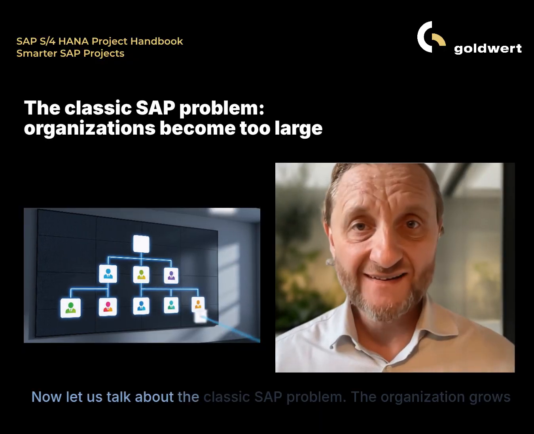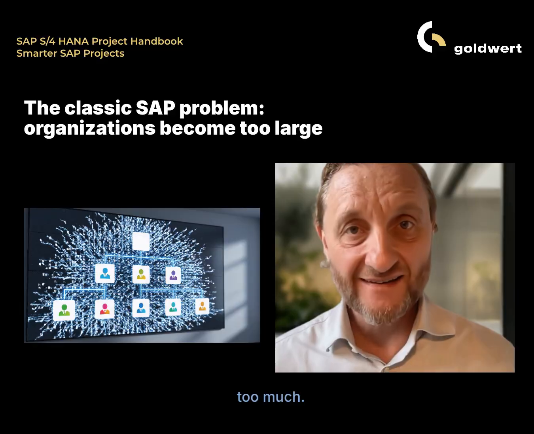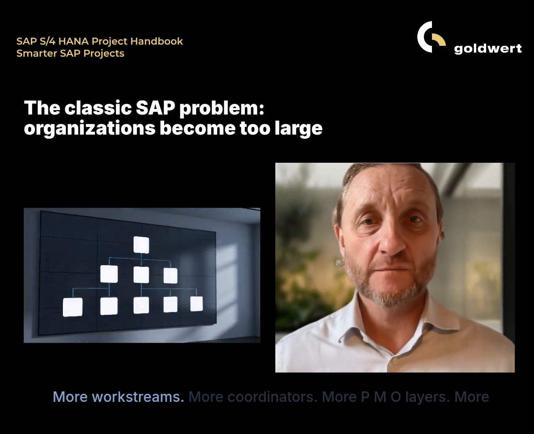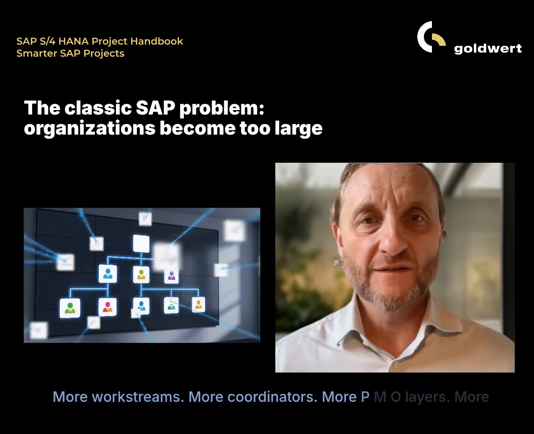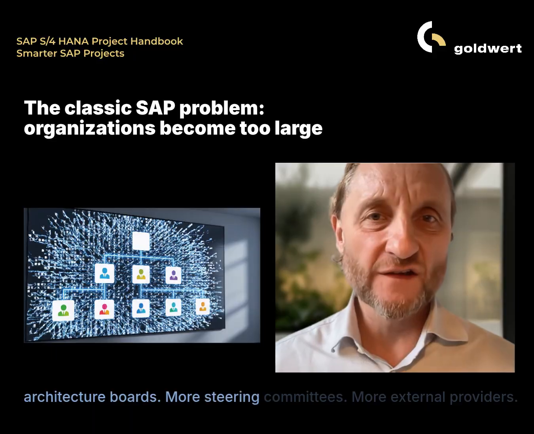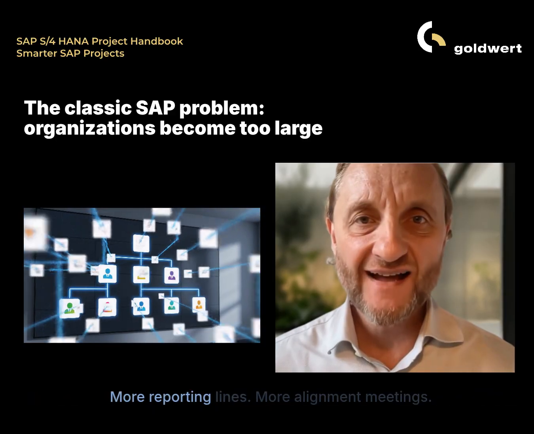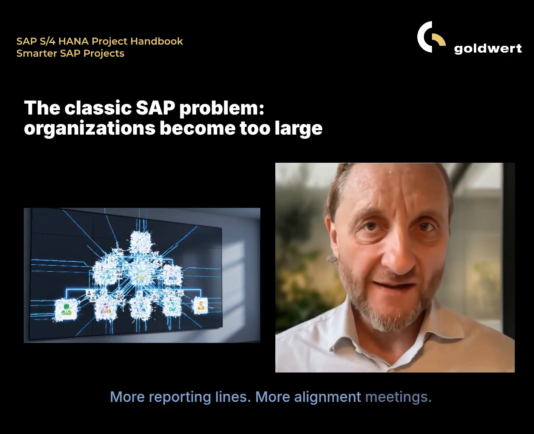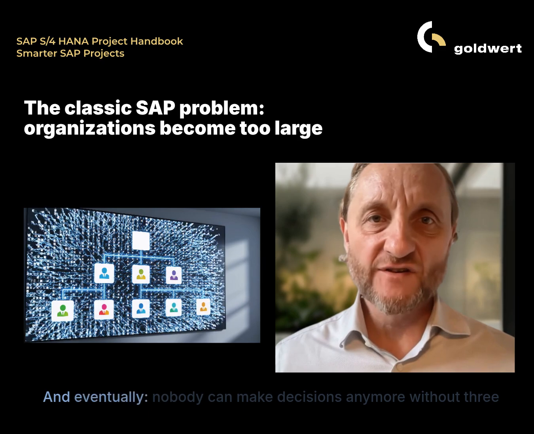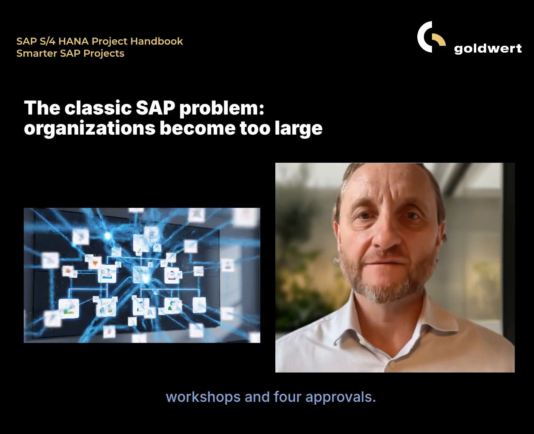Now let us talk about the classic SAP problem. The organization grows too much. More work streams, more coordinators, more PMO layers, more architecture boards, more steering committees, more external providers, more reporting lines, more alignment meetings. And eventually, nobody can make decisions anymore without 3 workshops and 4 approvals.